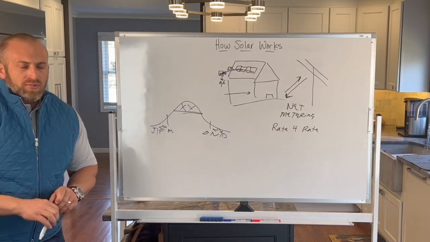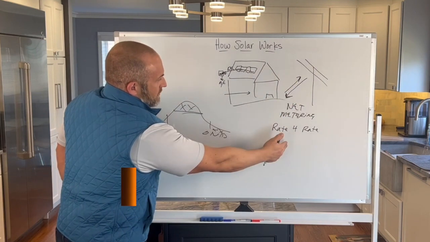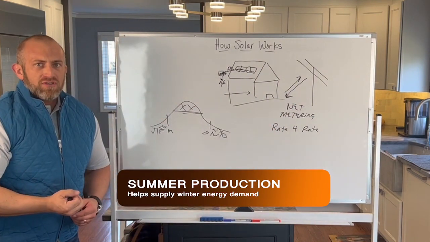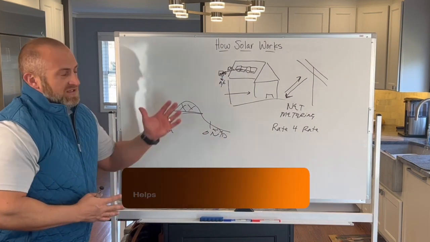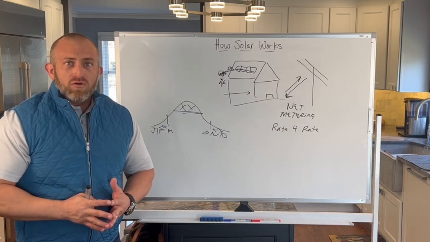So your summer production is going to overproduce for the home and go back to the grid, where you'll receive a rate-for-rate credit, never losing out on the opportunity to use that energy when the sun is not as high in the sky. This is how solar works. This is how a standard PV system works on the home without storage.